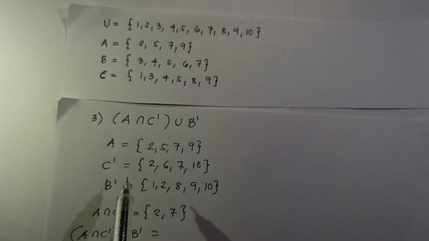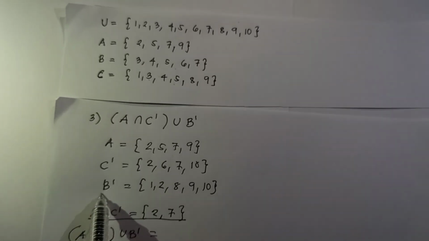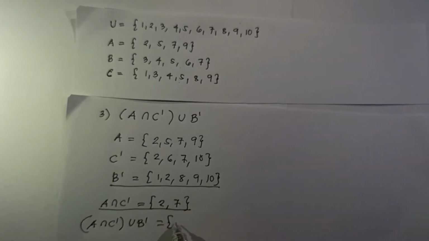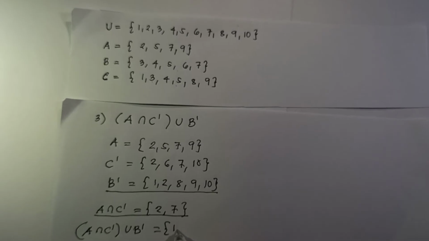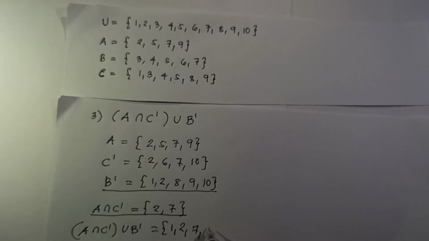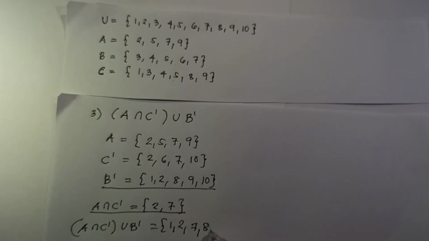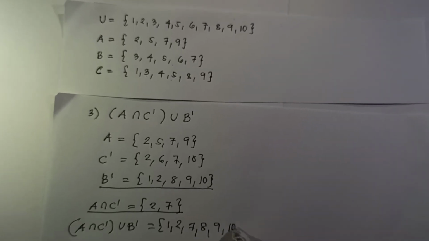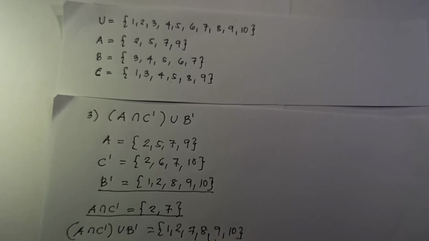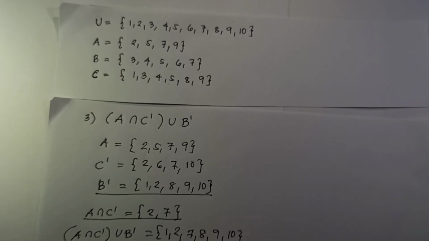So the result of this one is united to this part. So copy 1, 2, 7, 8, 9, and 10. So therefore, 1, 2, 7, 8, 9, and 10. So this is the result.